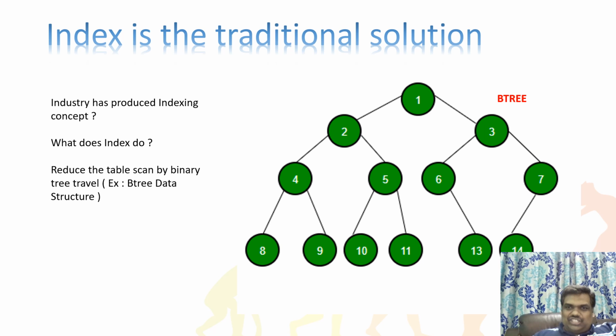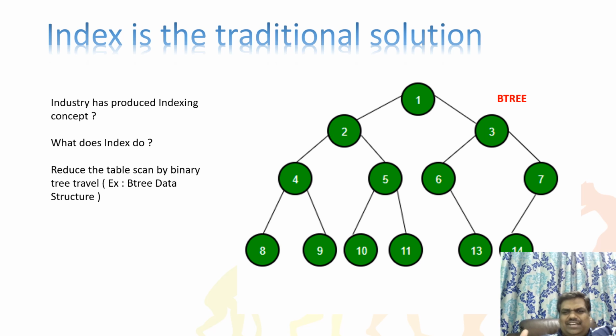Index is this traditional solution. So we have a B-tree data structure, binary tree data structure. There are some tree data structures which avoid the table scan. See, for example, I want to search the salary.